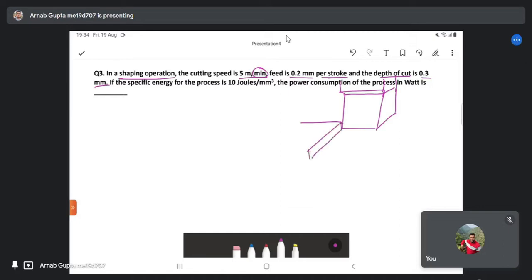This is the slot which we get after, sorry.